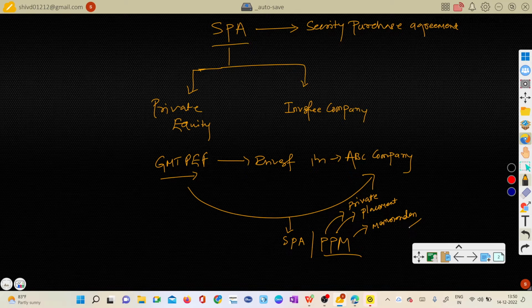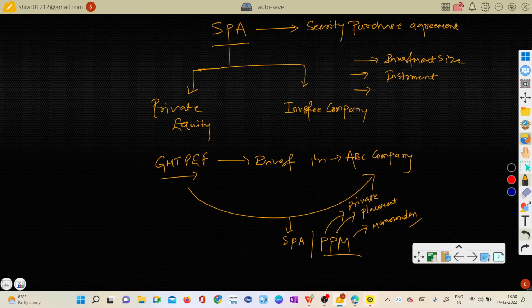Sir, what is this? Why will we sign this? Why will the security purchase agreement come into picture, and how will this document be, and for what purpose? See, when private equity funds invest money in any XYZ company, the important thing is the investment size, right? Investment size, instrument like bond, preference equity, loans, LBO, or any other obligation.